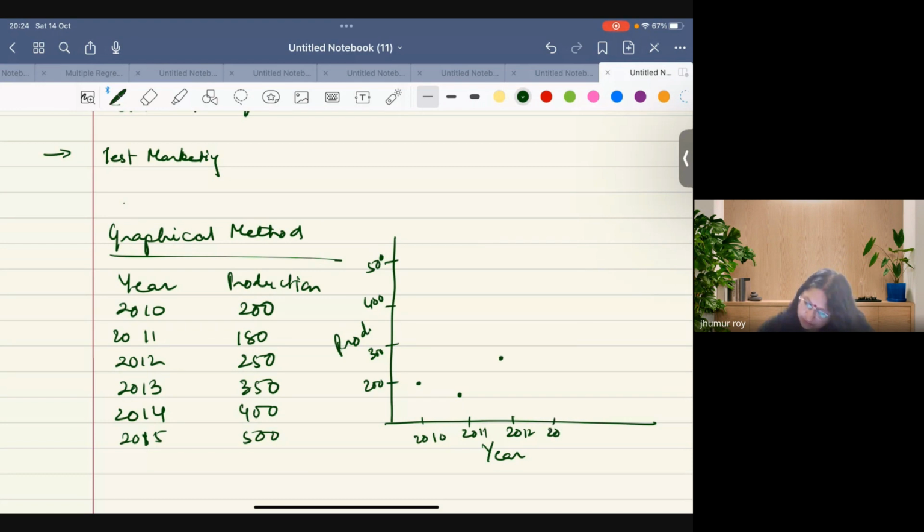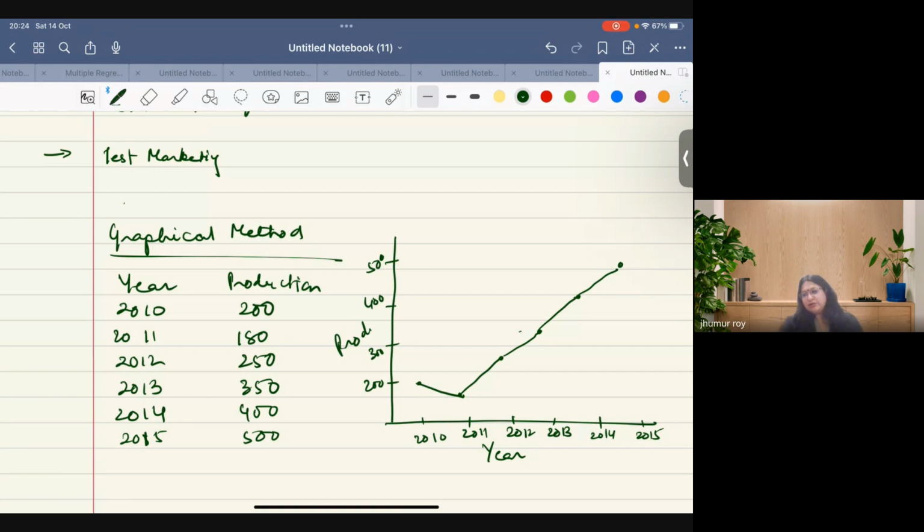Then 2013, the production has gone up to some 350. 2014, it has increased to 400, and 2015, it has become 500. So you can see it is going like this. Okay, so some kind of value like this. It can be up and down. I'm just drawing an approximation.